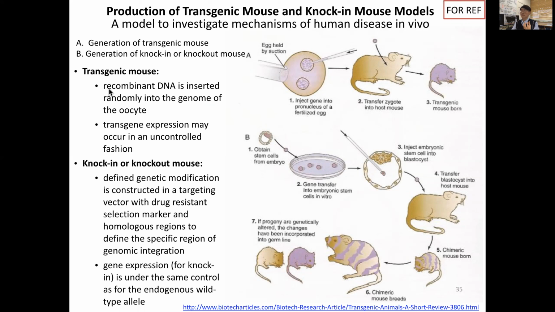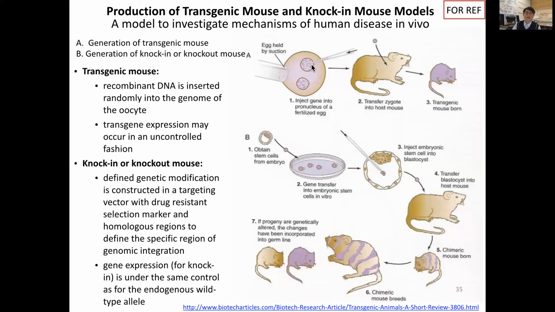This recombinant DNA is inserted randomly into the genome of the oocyte, so the transgene will be expressed. However, there's a problem: transgene expression may occur in an uncontrolled fashion, because we do not know where this recombinant DNA will be inserted into the genome, which is random.